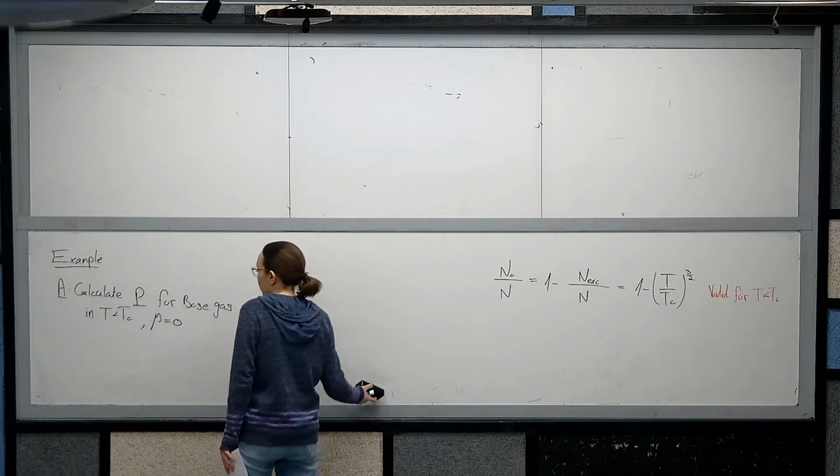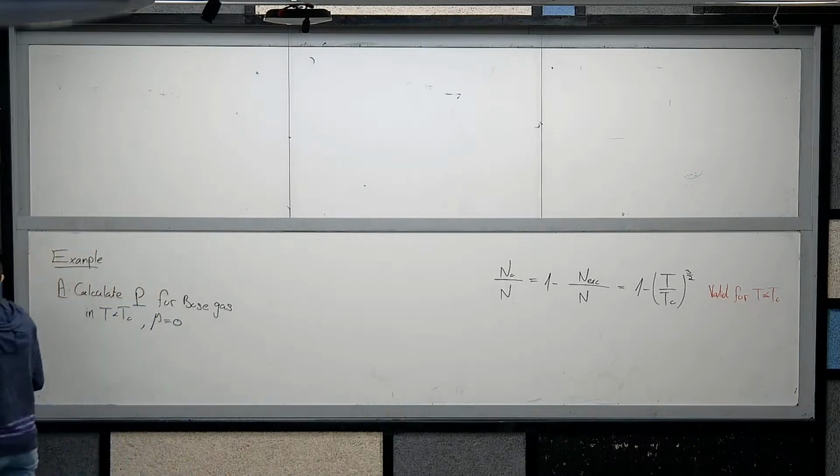So we want a specific chemical potential that equals 0. We want the temperature to be smaller than the critical temperature, and we want to calculate this gas pressure.